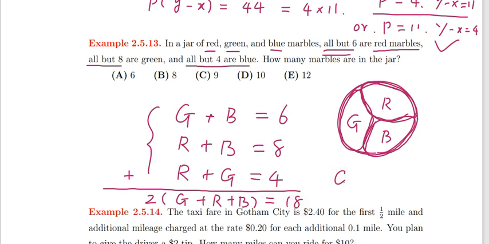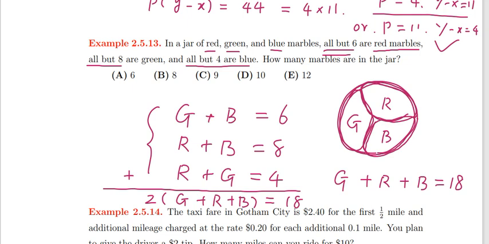So G plus R plus B equals 9. So we can find what G, B, and R are.